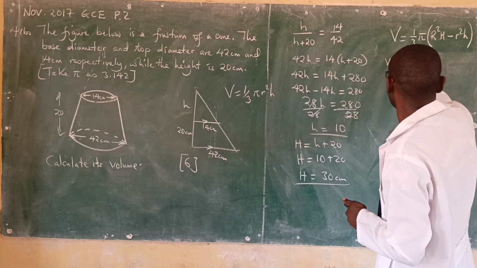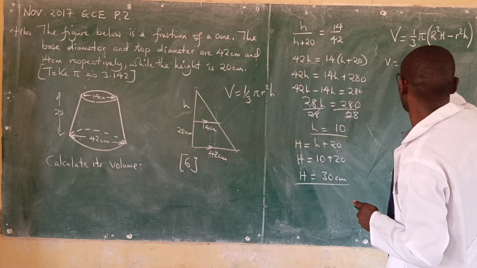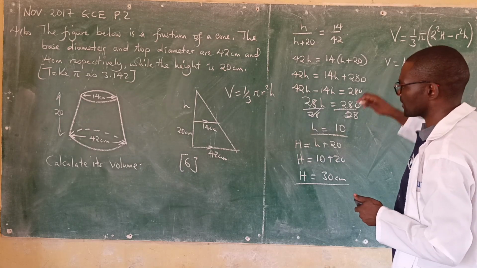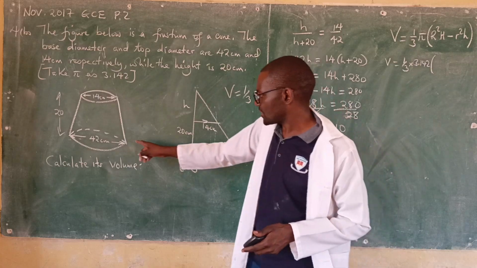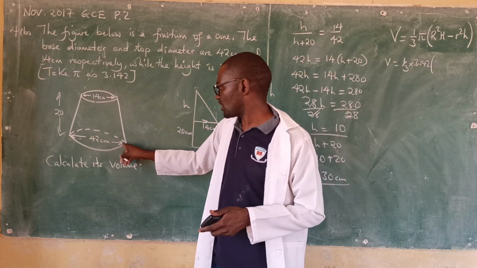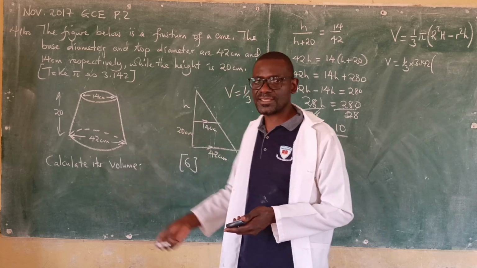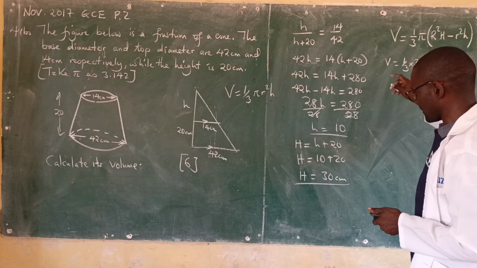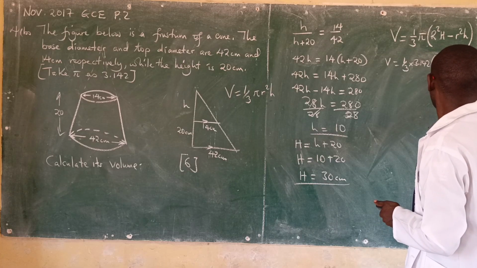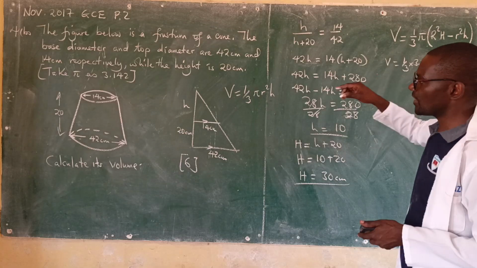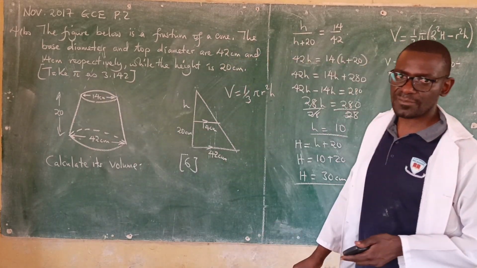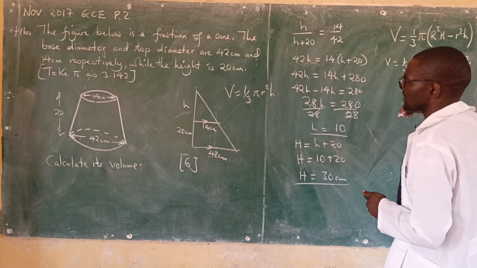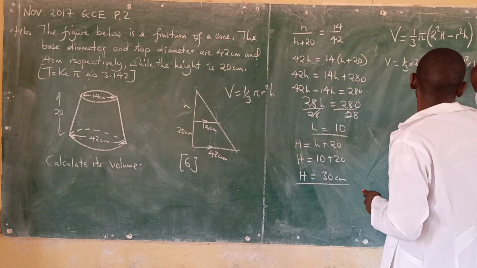So if we put the values here, pi is 3.142, the capital R, the radius. This one is diameter. So it's from here up to the mid, which is just half of 42, and that is 21, squared. And then capital H is 30, minus the smaller radius, diameter is 14, divide by 2 to get radius, that is 7, squared, and then times the height, which is 10.